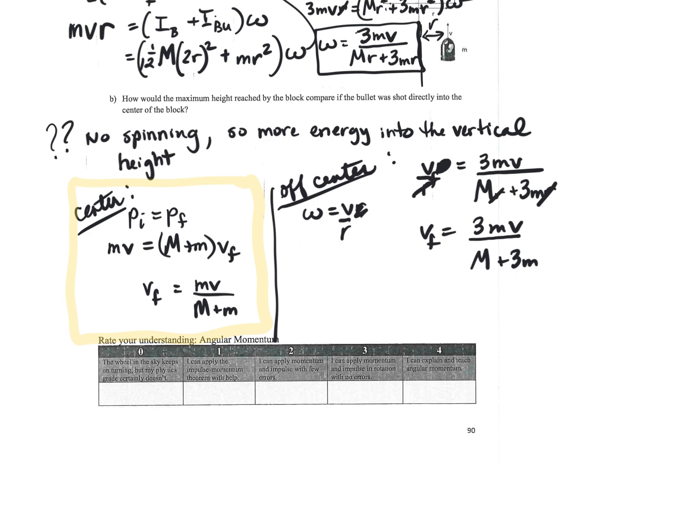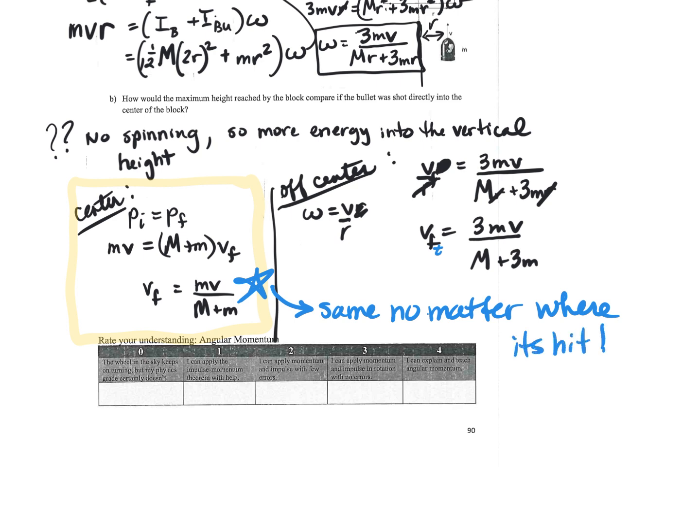So this is tangential, not linear. So the reality is the heights of both of them are the same.